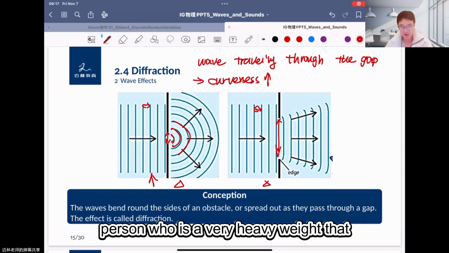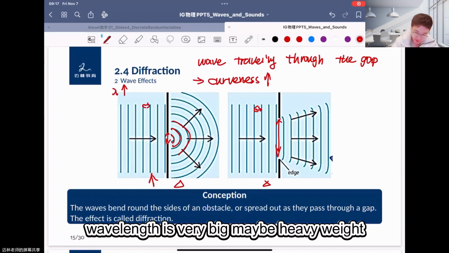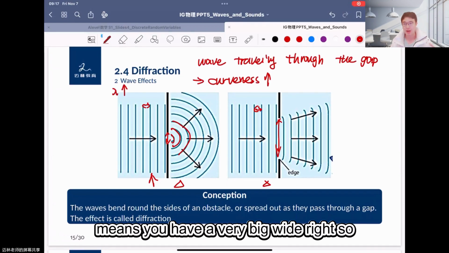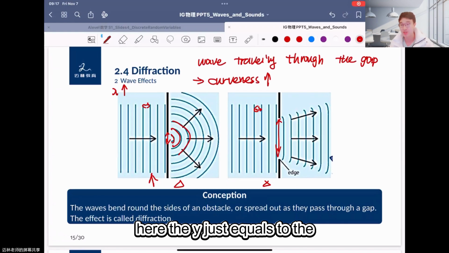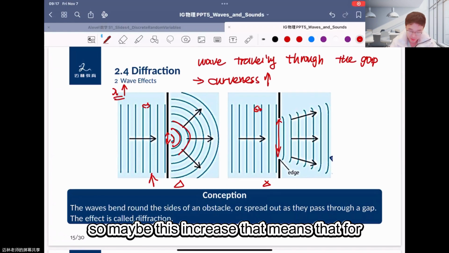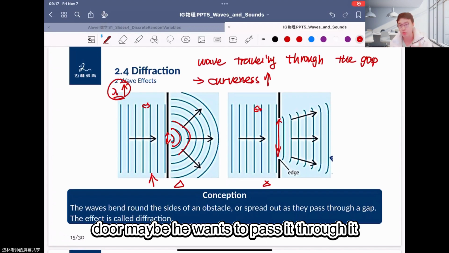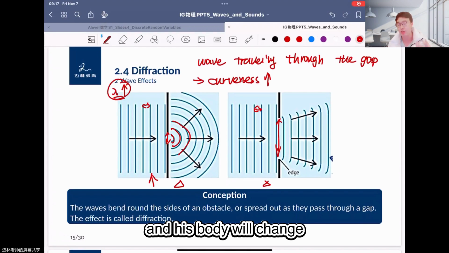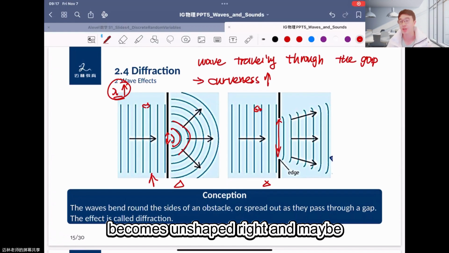So if a person is very heavyweight, that means the wavelength is very big. Maybe heavyweight means you have a very big lambda, right? So here the gap is just equal to the wavelength, okay? So when the wavelength increases, it is very hard for the person to go through the door. He wants to pass through it and his body will change, becoming unshaped, right?